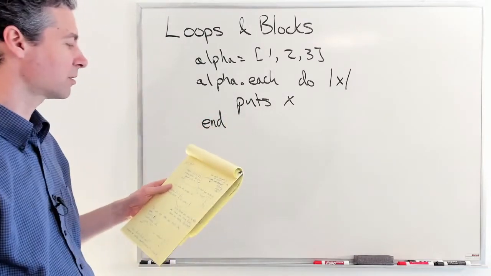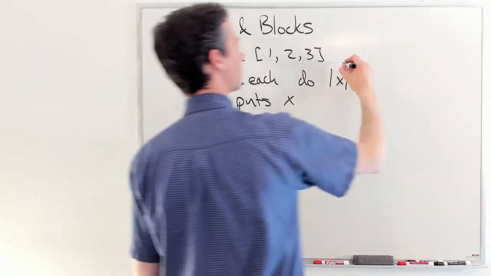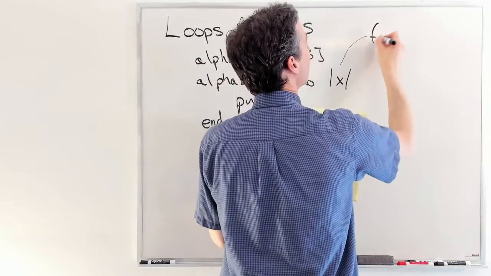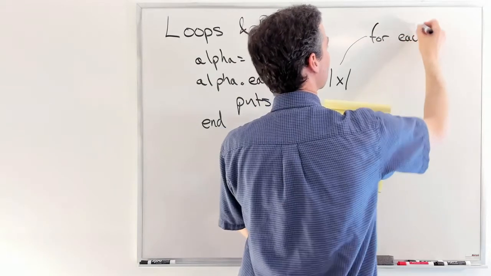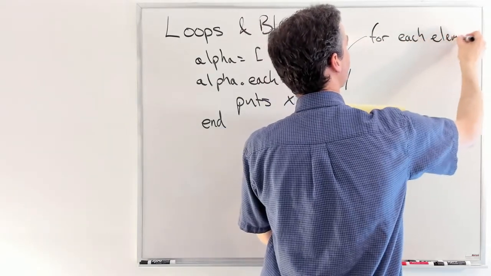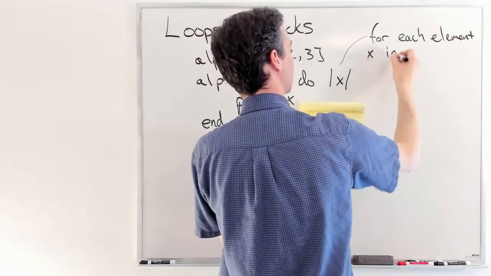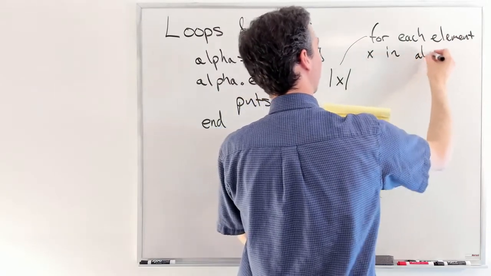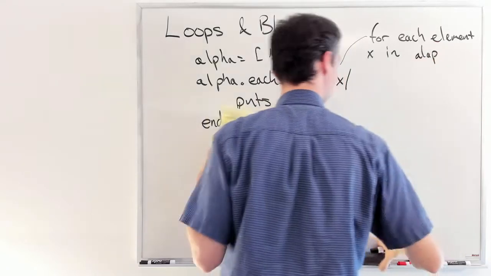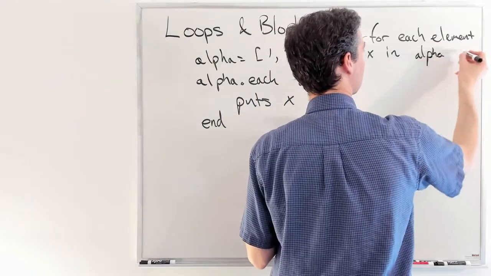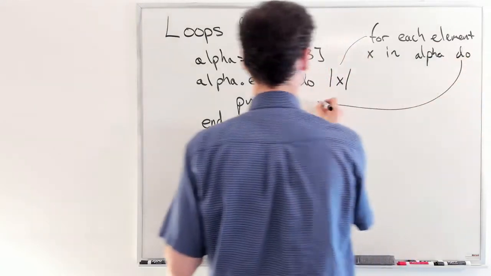Let's do this code: puts x, and then end. All right, some things to note. Basically what we're saying here, this code is: for each element x in alpha, do this.